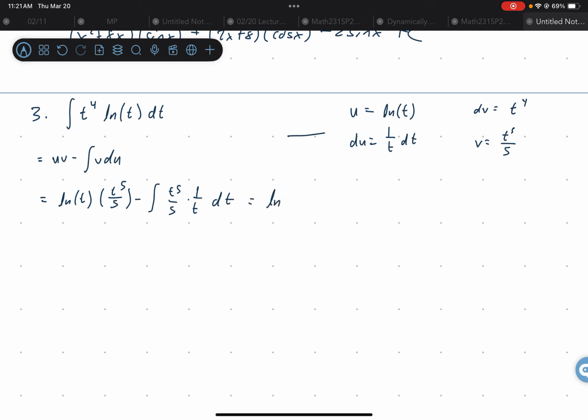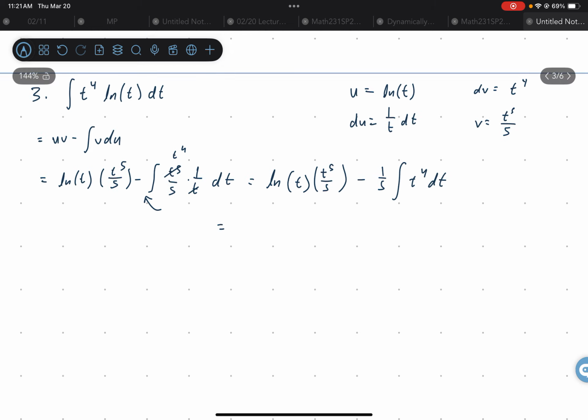And now this basically is the heavy lifting of integration by parts, I'll be honest. Deciding what the u and the dv is, that's honestly the tricky part, and unfortunately the part that may take a certain level of intuition for more complicated problems. But we'll factor out the 1/5 and we'll cancel out these t's, so we have t to the 4th. So it's going to be t to the 4 dt.